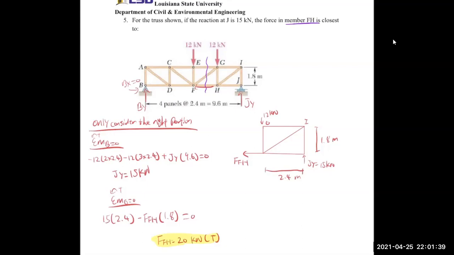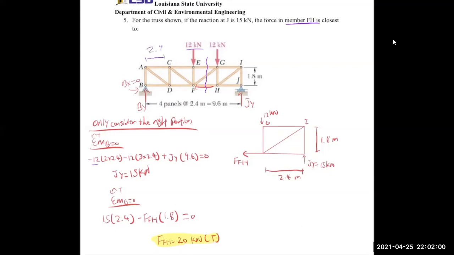Okay, so what I did right here is that first I consider this whole truss system, and then I take a moment about B so that I can find out what JY is. So moment about B, I first have this negative 12 kilonewtons multiplied by 2 times 2.4, because each of these is 2.4 meter spacing.